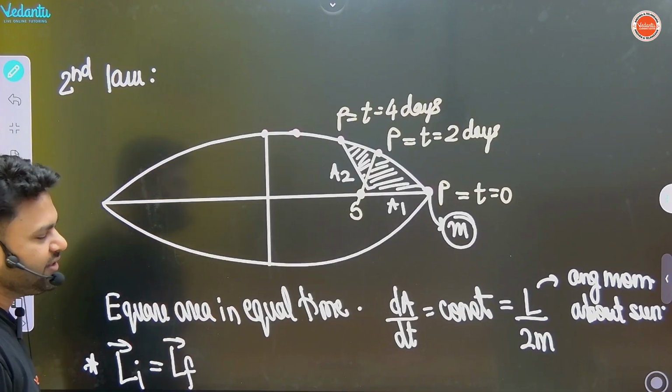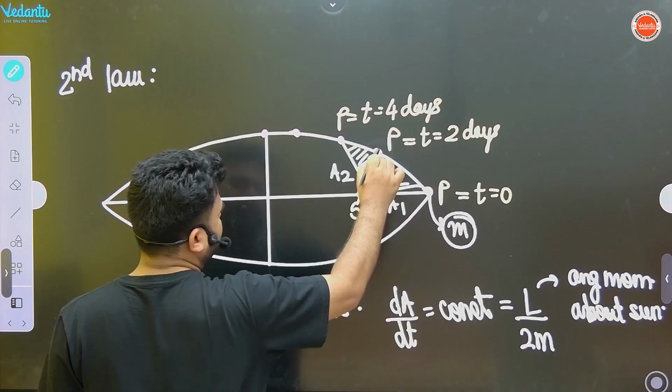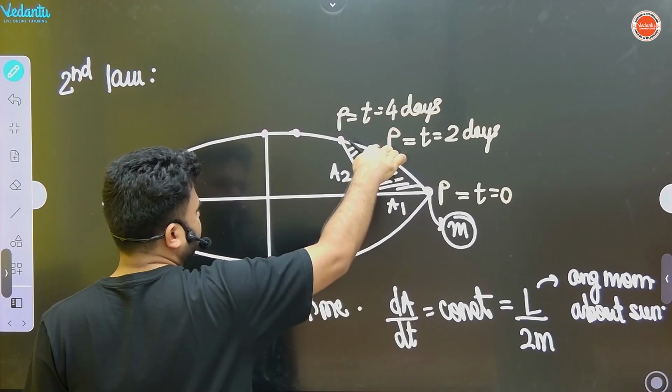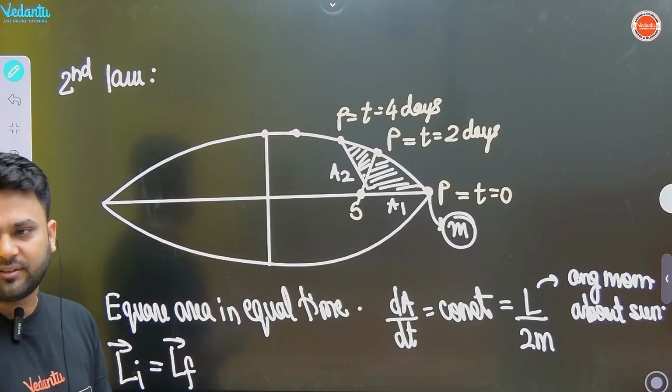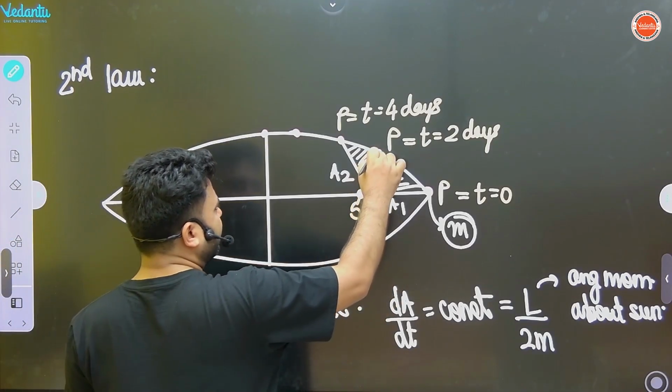Why is it not going to change? Because when the planet is at any point, suppose the planet is here, the sun is here, there will be a gravitational force of attraction. This force acts along this line.